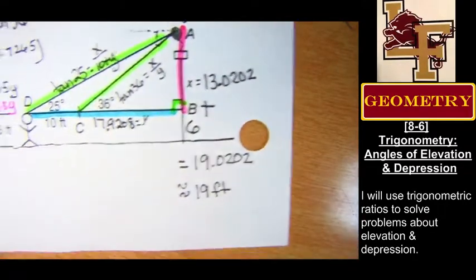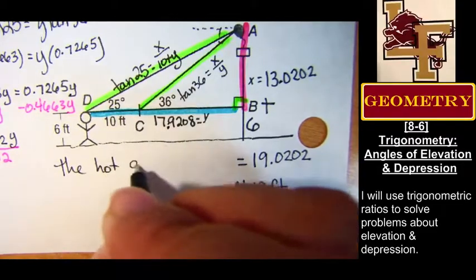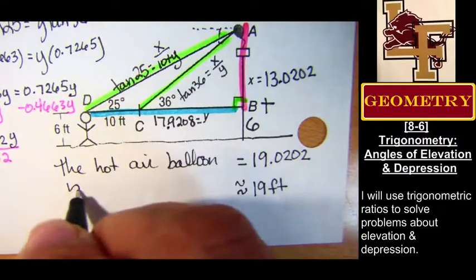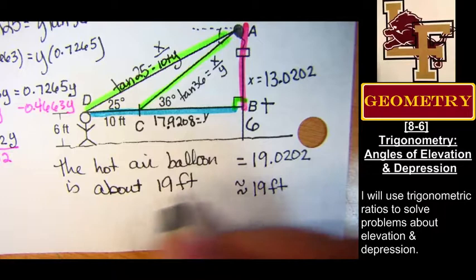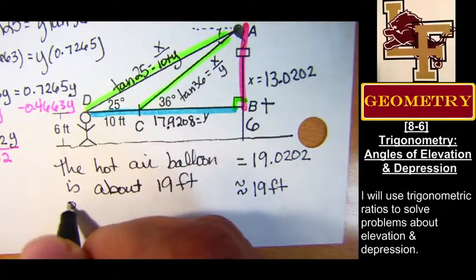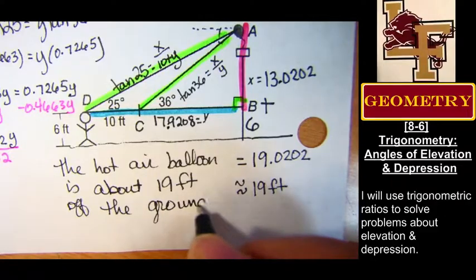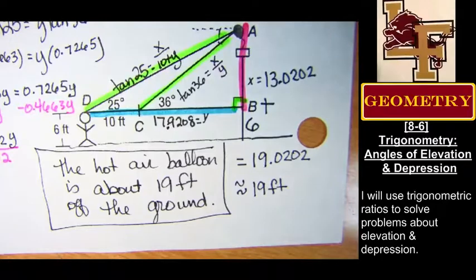And so our final answer as a whole sentence is the hot air balloon is about 19 feet off the ground. That's it.